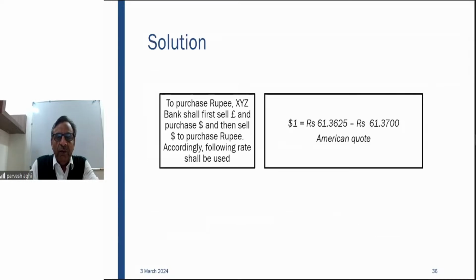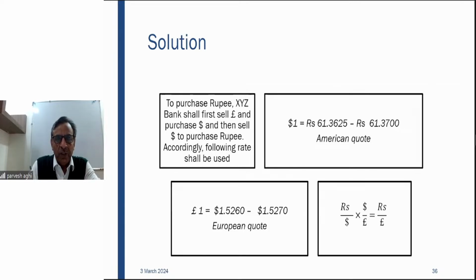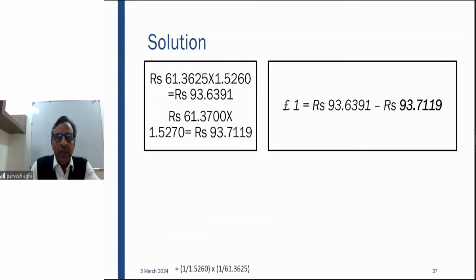We have $1 is equal to 61.36 and 61.37. This is an American quote. The second quote is a European quote, which is the price of £1 in terms of dollars. So we can just do a multiplication and we'll arrive at the rate of pound in terms of rupees. So 1 pound is equal to so many rupees we'll get after we multiply.